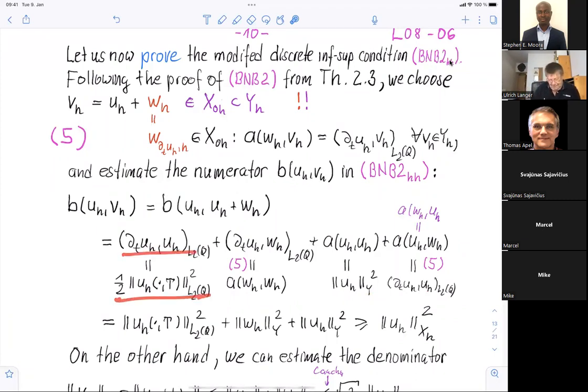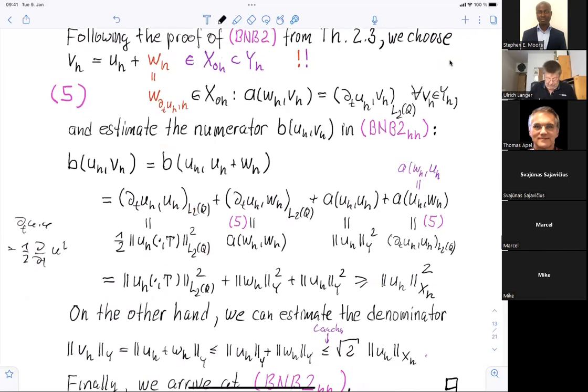This is a simple exercise, because you know that this product can always be represented as something like this. So there you have a proof.